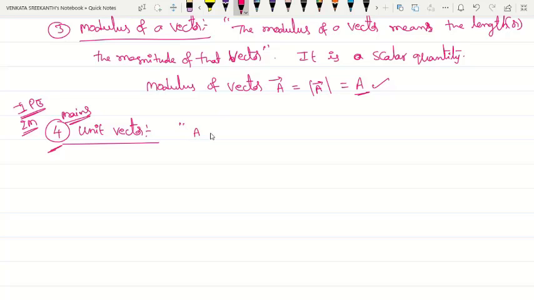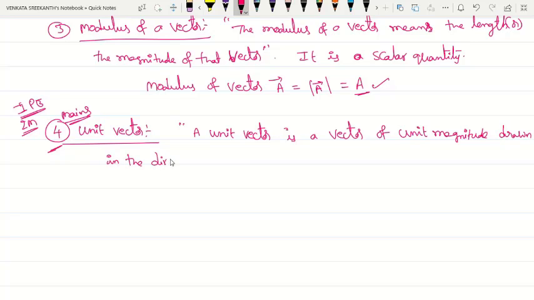A unit vector is a vector of unit magnitude drawn in the direction of a given vector.